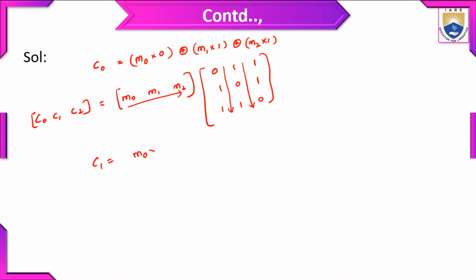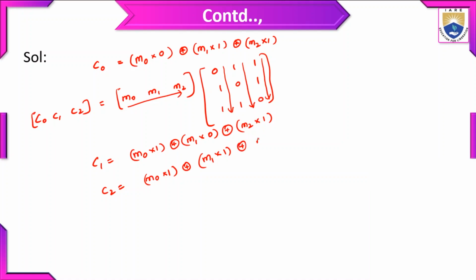So M0 into 1 XOR M1 into 0 XOR M2 into 1. So this is my second pattern. Like that, third one, C2. This is my third column. So M0 into 1 XOR M1 into 1 XOR M2 into 0. These three.